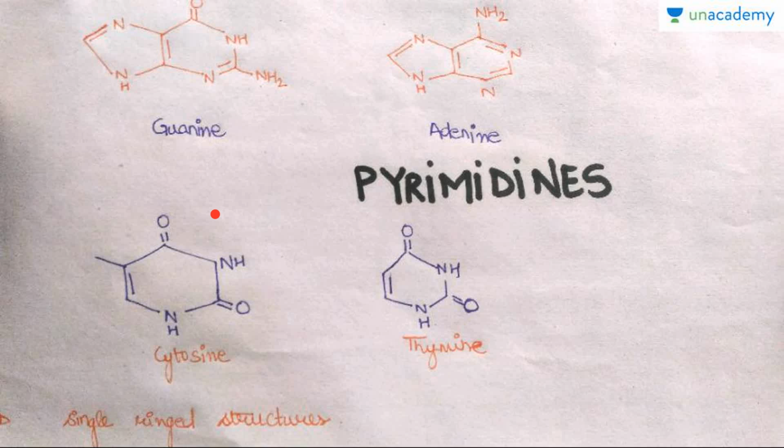So here we've got a number of nitrogens, and these form hydrogen bonding with this. Only a guanine can bond with cytosine and only an adenine can bond with thymine. It is important to know that guanine forms triple bonds with cytosine and adenine forms double hydrogen bonds with thymine. So, A double bond T, G triple bond C.